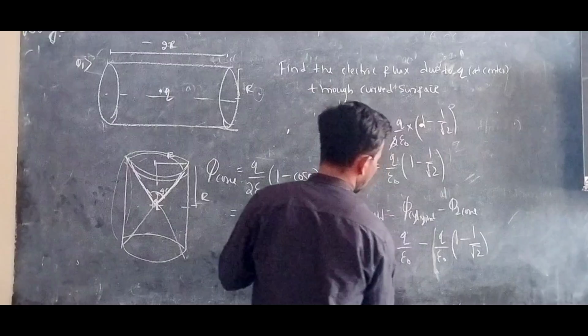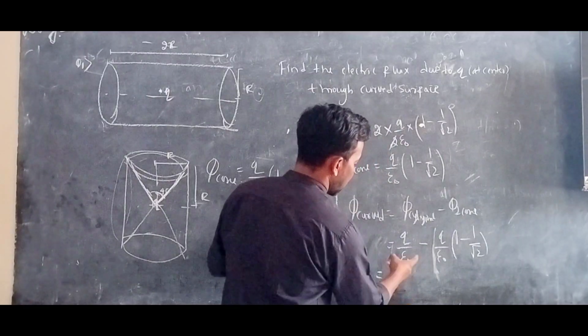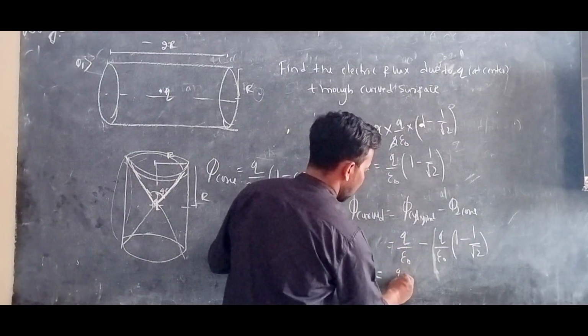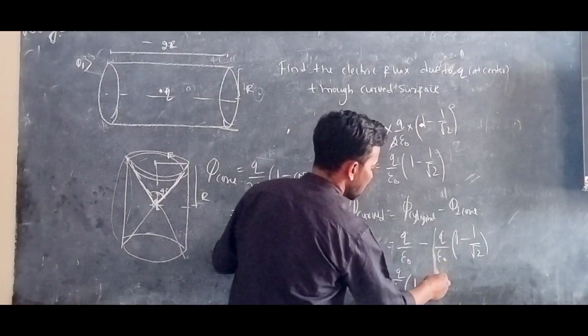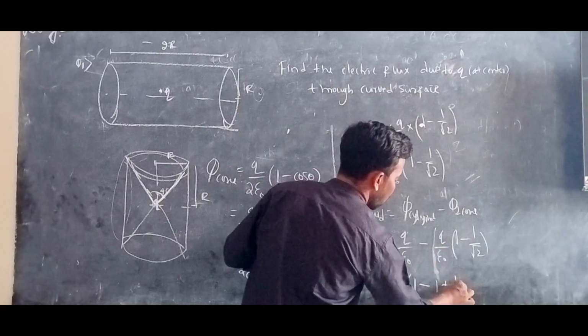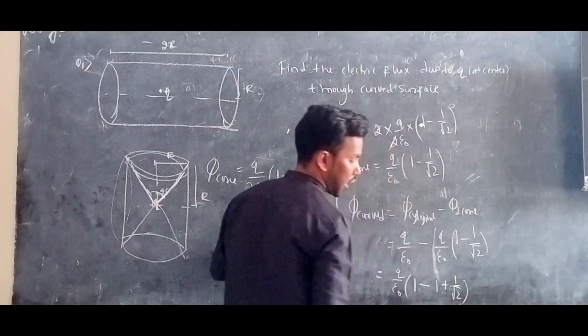What's common? Q by epsilon naught is common: 1 minus 1 plus 1 by root 2.